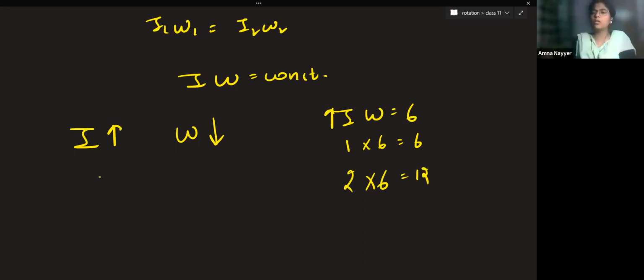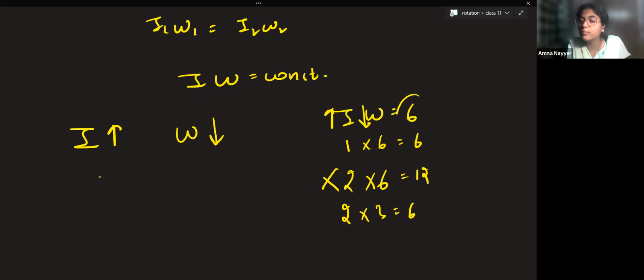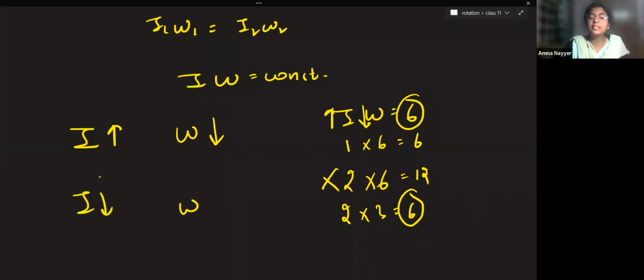Do you see this is not constant now? This has increased. We cannot keep it like this. If this is increased, then this has to decrease. If I have increased I from 1 to 2, I have to decrease omega from 6 to 3 so that this term remains constant. So if I increases, omega decreases. If I decreases, omega increases.